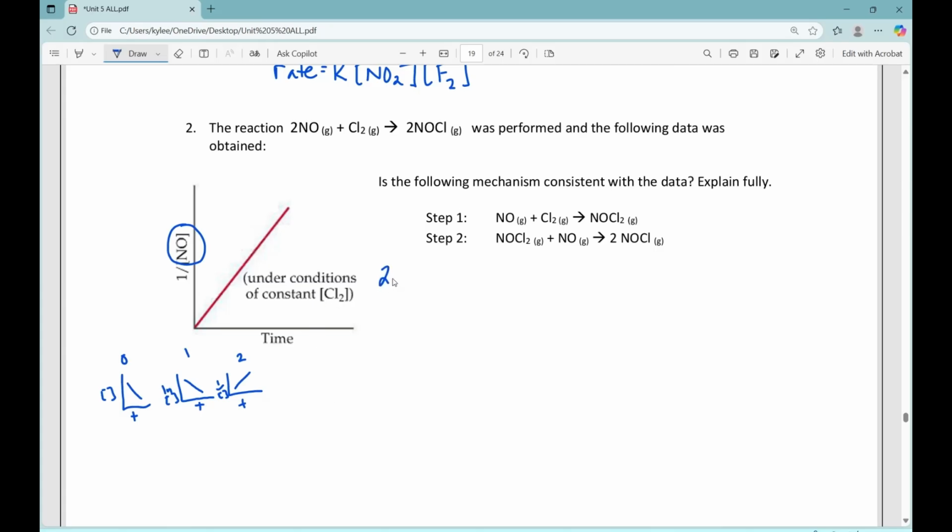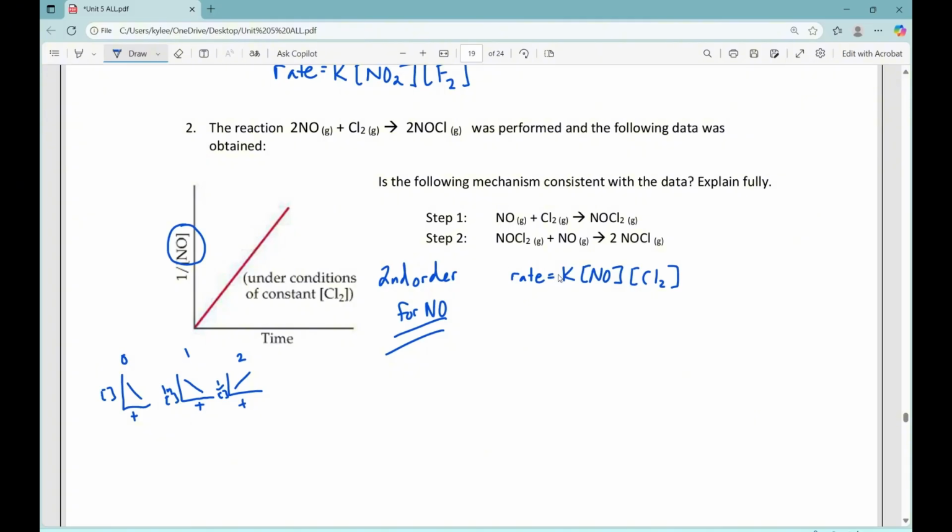So they're telling me that this is second order for NO. Well, if the first step was the slow step, then my rate equation would be rate equals k times NO times chlorine. That doesn't match up with it being second order for NO. So if the first step was the slow step, then this does not match.